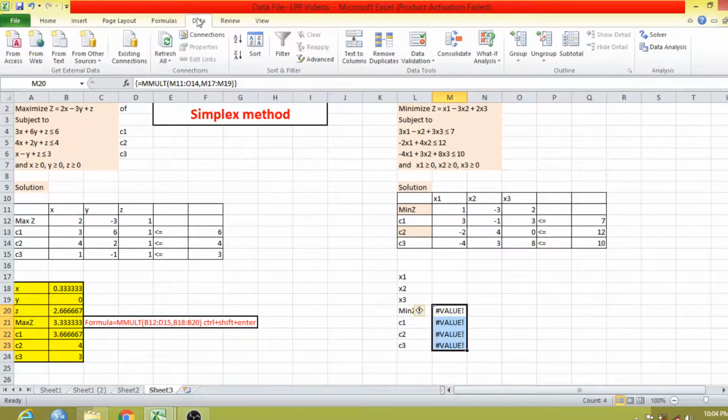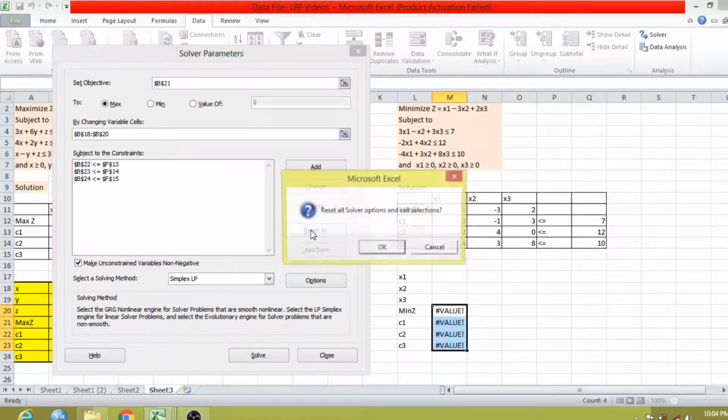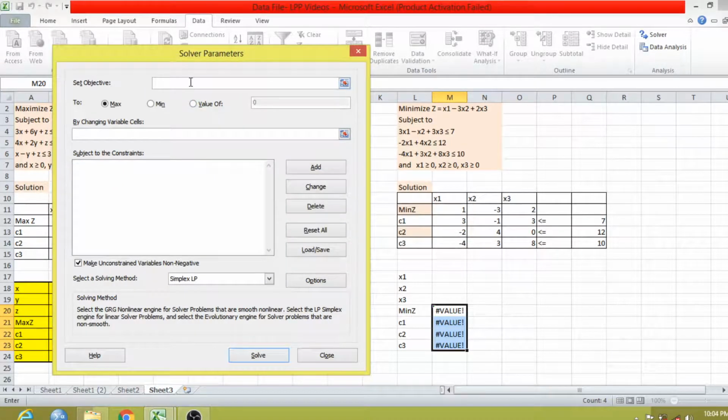Now just click on the Data tab, go to Solver, reset all. Select the objective function cell, then we select we want to minimize, then click minimize, then the changing variable cells, then add the constraints.